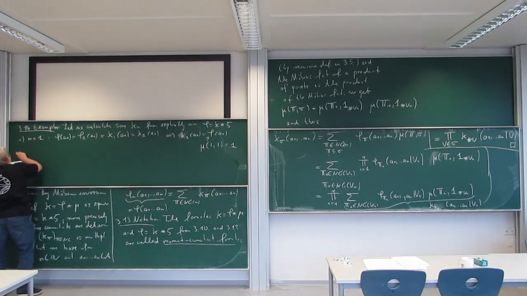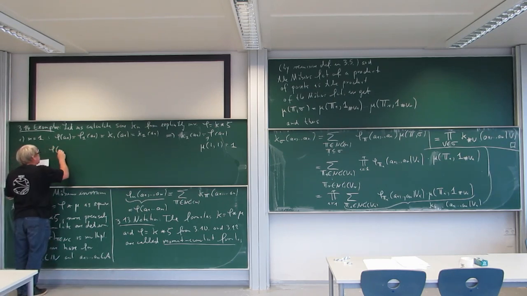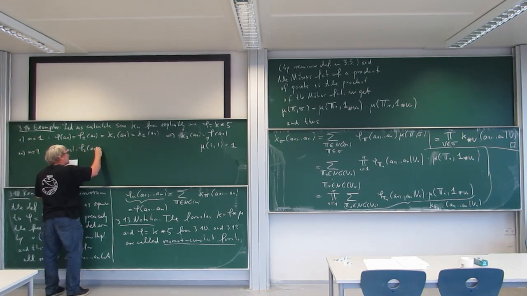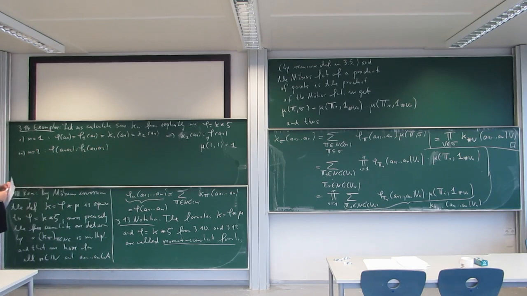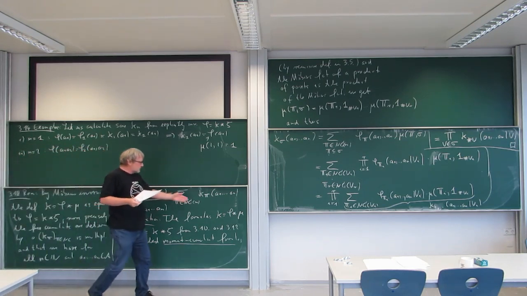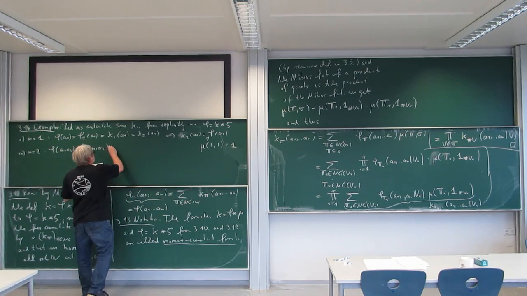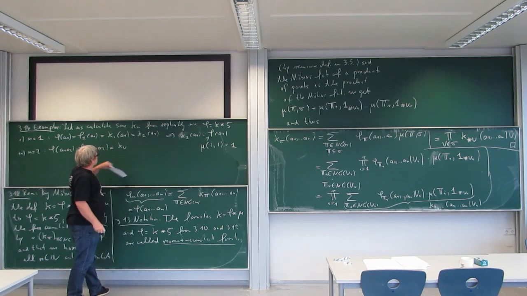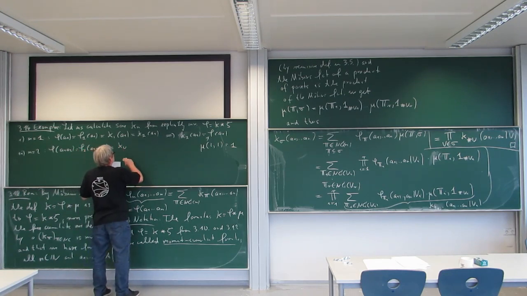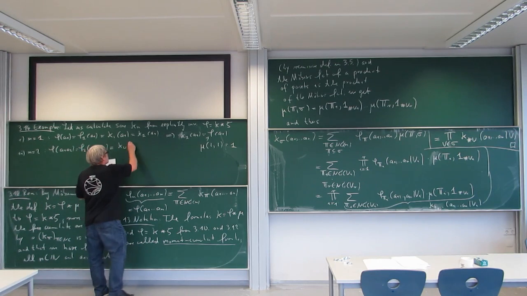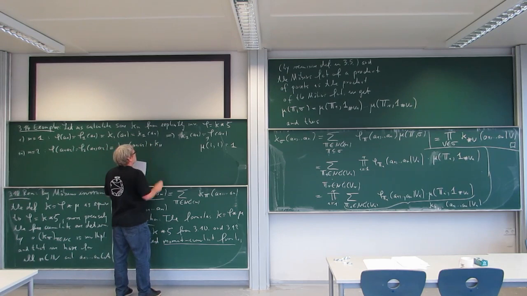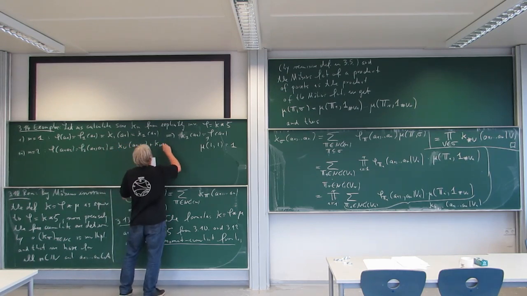Good. Okay, so for n equal to 2, we have phi of a1, a2, which is our phi 2 of a1, a2, and this is now given by summing over non-crossing partitions of two elements, and there are two of them. So I get a sum over two terms: one corresponding to the partition which has one block, a1, a2, plus kappa corresponding to the other partition of NC(2), which has two singletons.